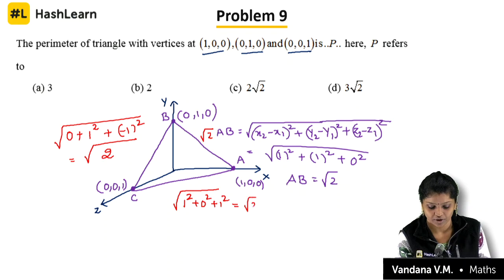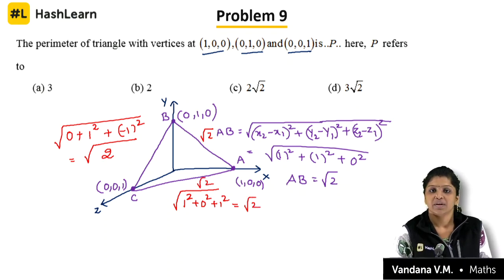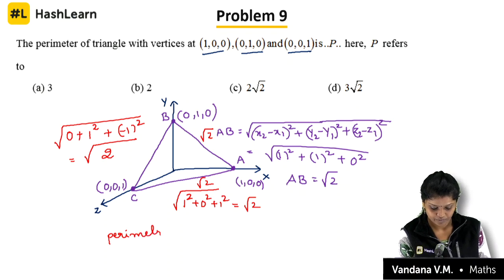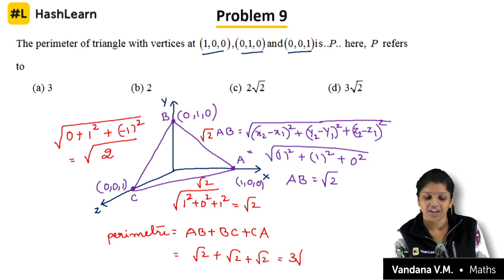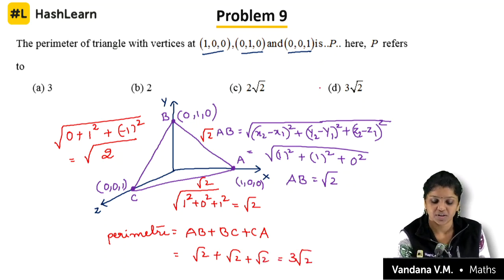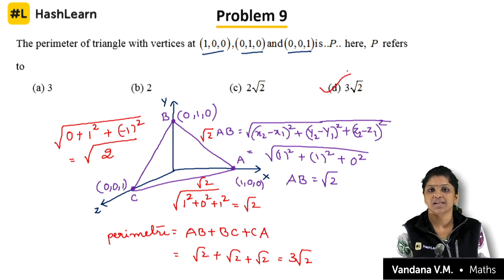Here also I will get root 2. Now, the perimeter. What is perimeter? AB plus BC plus CA. You add it. Root 2 plus root 2 plus root 2. It is nothing but 3 root 2. So, which option is correct? Option D is correct. Clear, children?